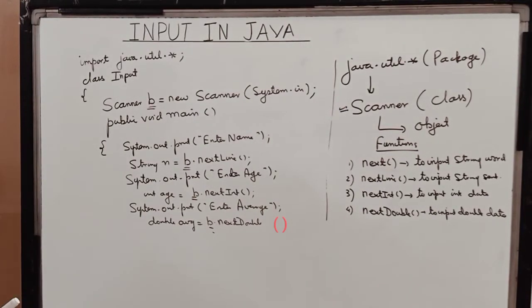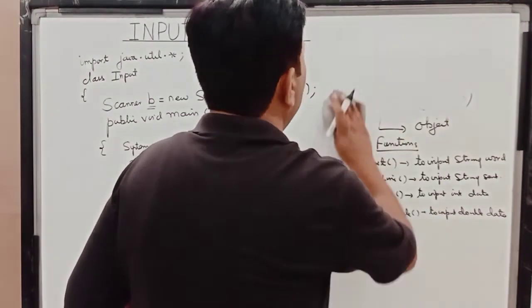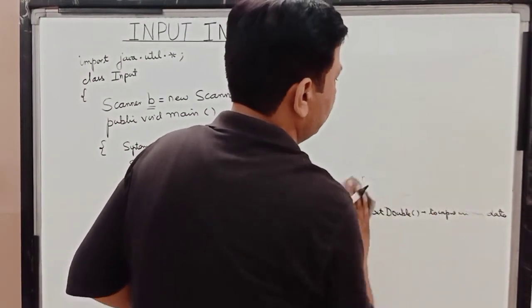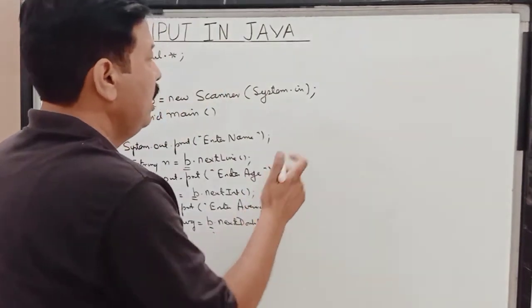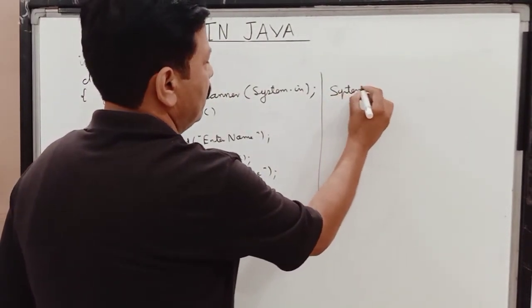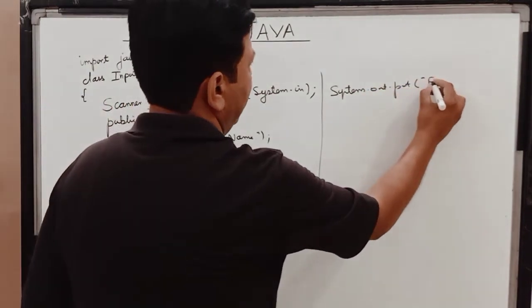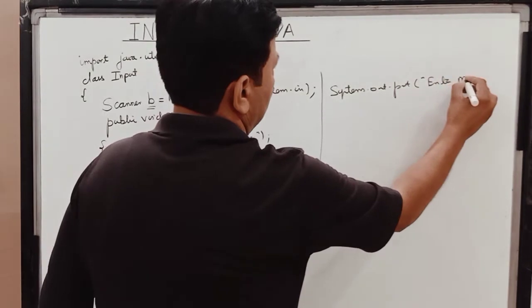And children, if I want to enter a character value, then I will use that combination of two functions which I have told you just now. Say I say enter male or female.